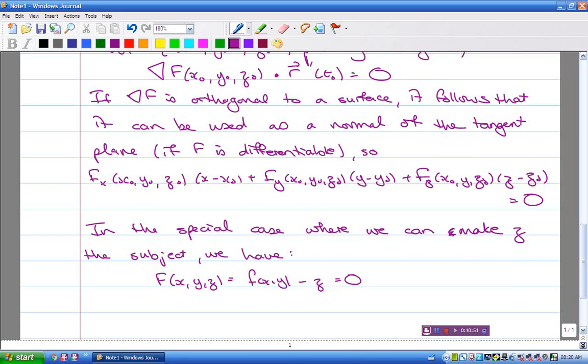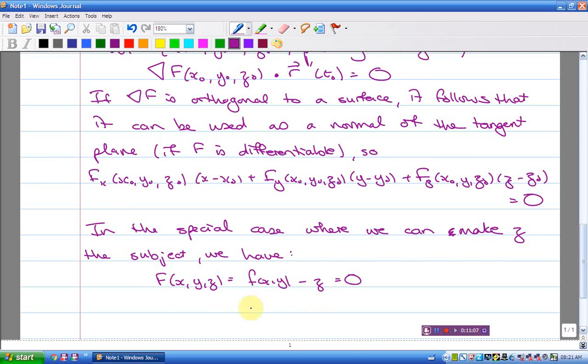So basically, think of it going the other way. Think of starting with z equals f of x, y, and then taking z across the equal sign, so you get f of x, y minus z. And it's that f of x, y minus z that we're choosing to write as big F.